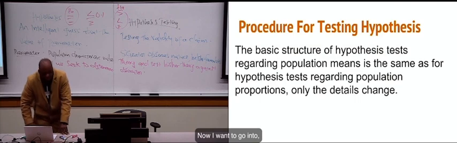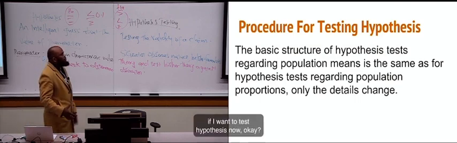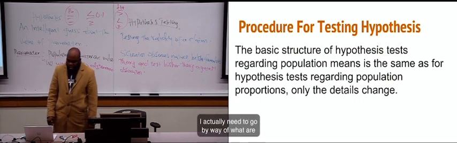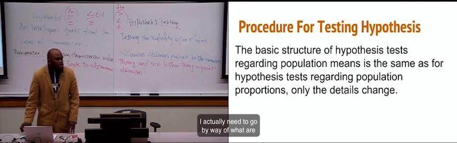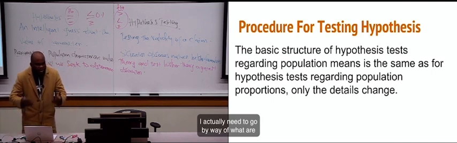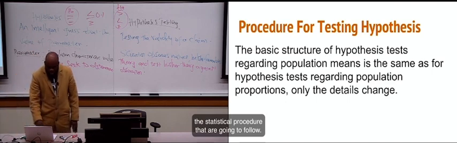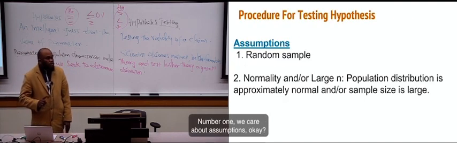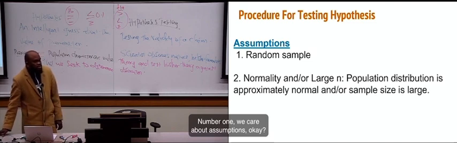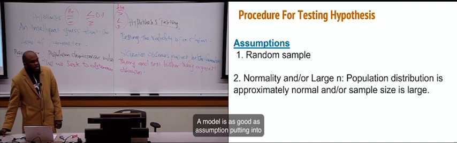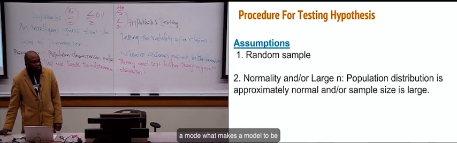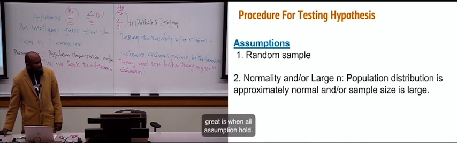Now, if I want to test a hypothesis, I need to go by way of procedure, the statistical procedure that I'm going to follow. Number one, we care about assumptions. A model is as good as the assumptions put into it. What makes a model great is when all assumptions hold.